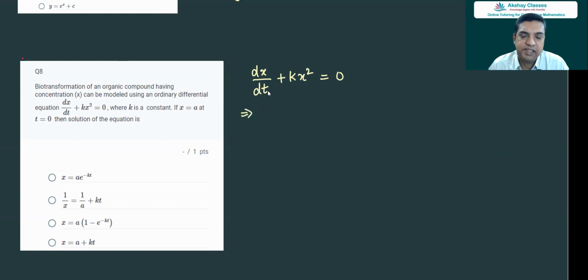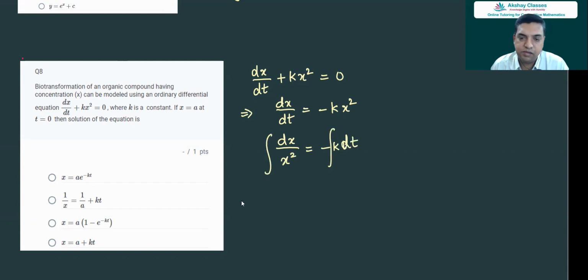So this we can easily do by separation of variables. We have to solve for this. Now when we integrate, we get x to the power -2 plus 1 by -2 plus 1 is equal to minus kt plus c.